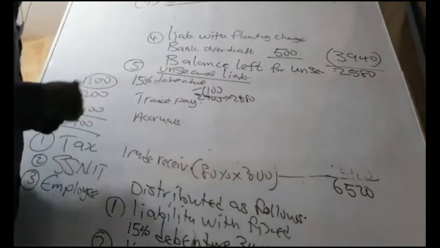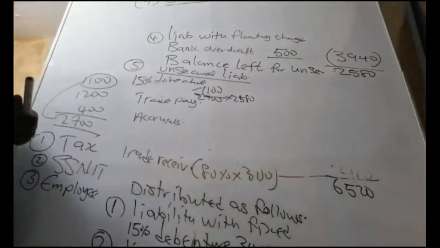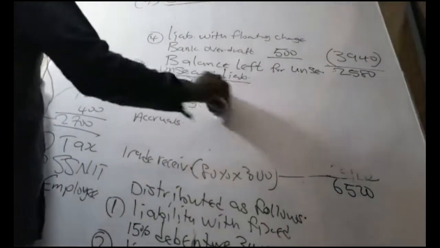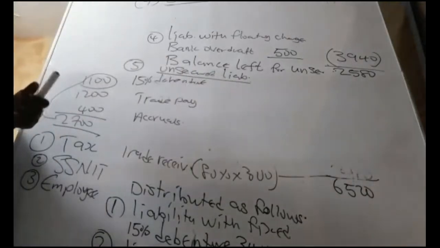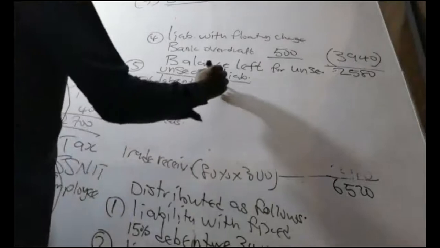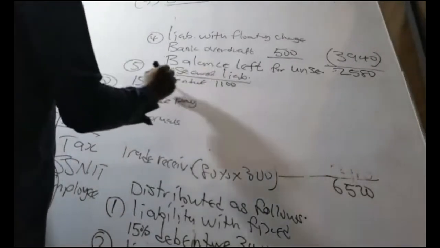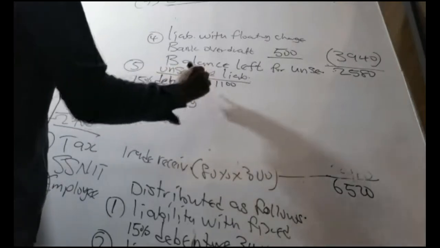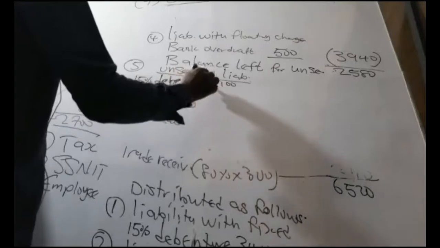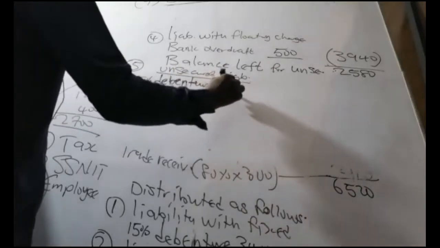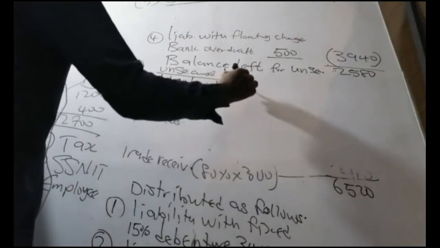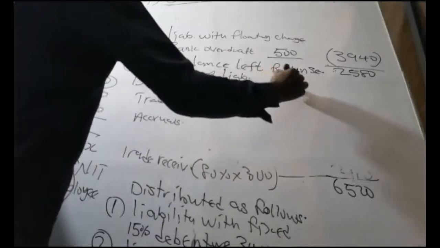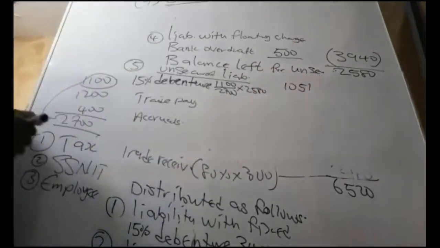We can pay them, for the debenture, all divided by 2,700 times 2,580. So you have 1,050. So what's the next one?